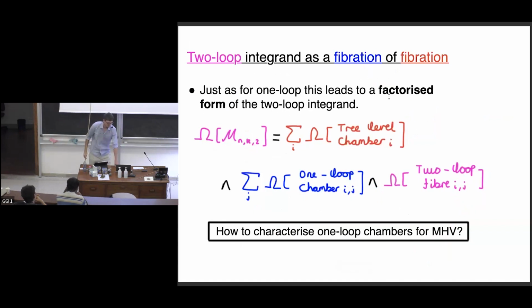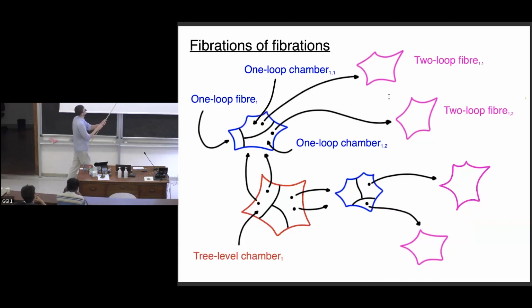So I guess just to emphasize now, the two loop fibers and their corresponding one loop chambers have two indices. The first index locates where you are in the tree level chamber structure. The second index locates where you are in the one loop chamber structure.